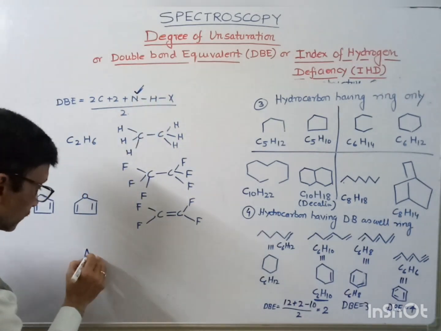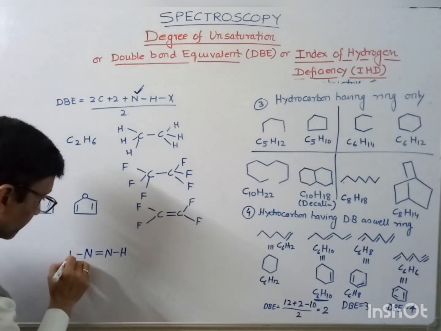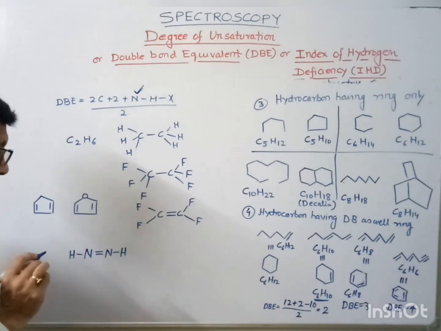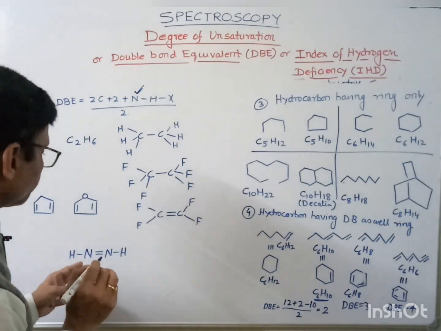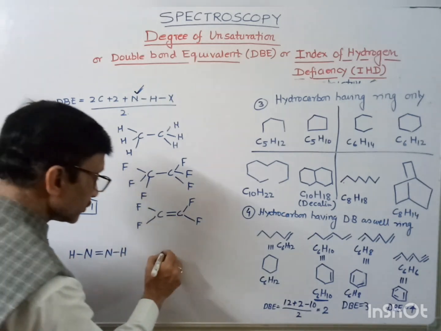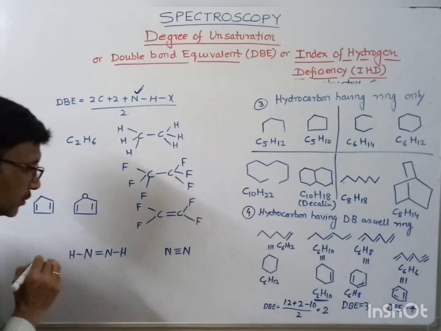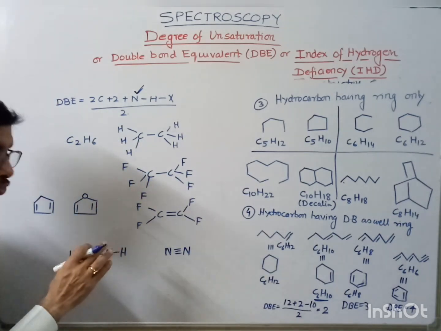Now suppose we have nitrogen. What about the nitrogen atom? Suppose we have hydrazine, N2H2. In this case, suppose I put one more bond, so the number of pi bonds is 2.